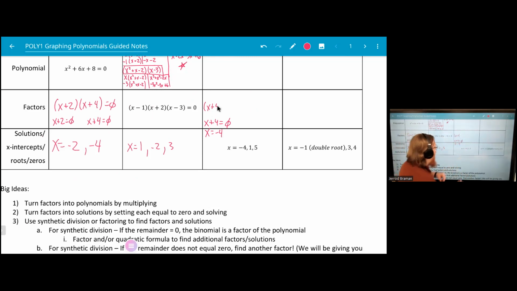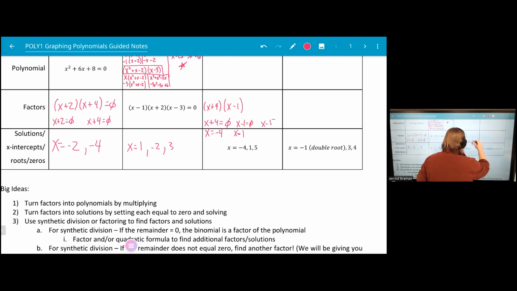If I had x equals 1, the factor for that would be x minus 1 equals 0. If x equals 5, the factor for that would be x minus 5 equals 0.